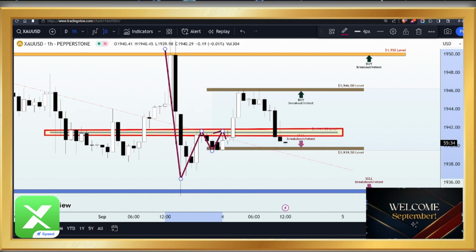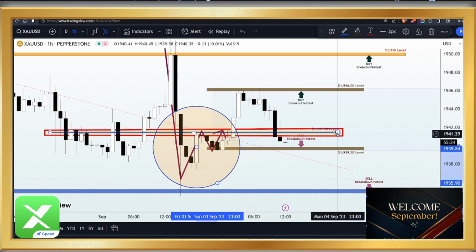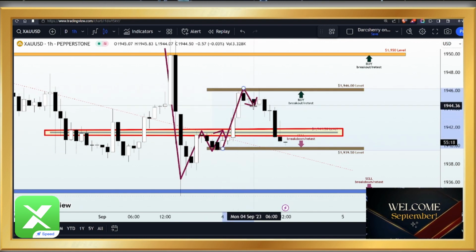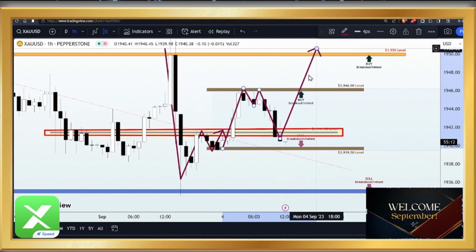Now, that is where the $1,941.50 level comes in. So we have the neckline of this double bottom structure along the $1,941.50 level. And of course, we saw the breakout of this neckline happen this morning. And in fact, a retest of that structure should be a good confirmation to join an uptrend continuation.